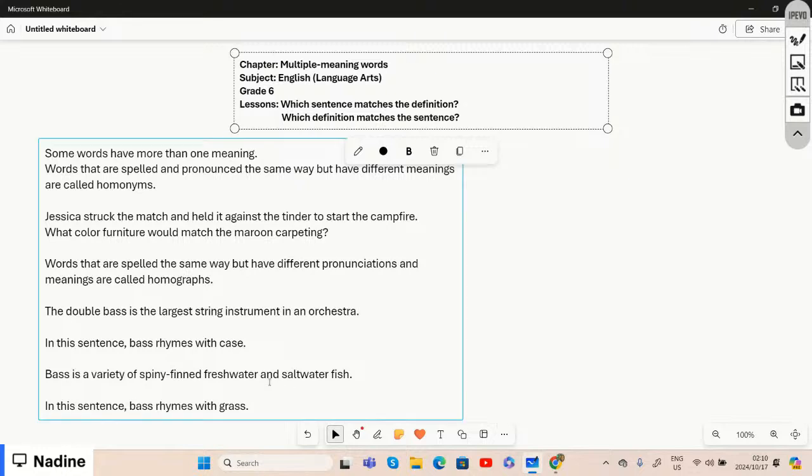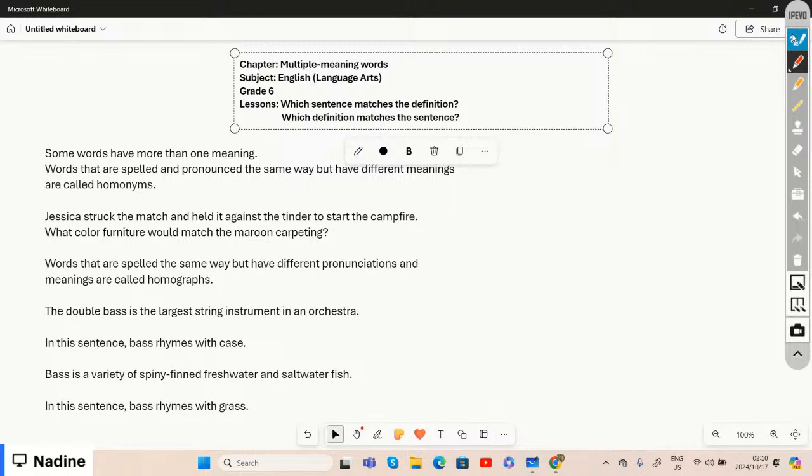And then we also have: what color furniture would match the maroon carpeting. So you have one word, for example match and match, it's the same word, but it has more than one meaning. That is why we call it multiple meaning words. One word, but more than one meaning.